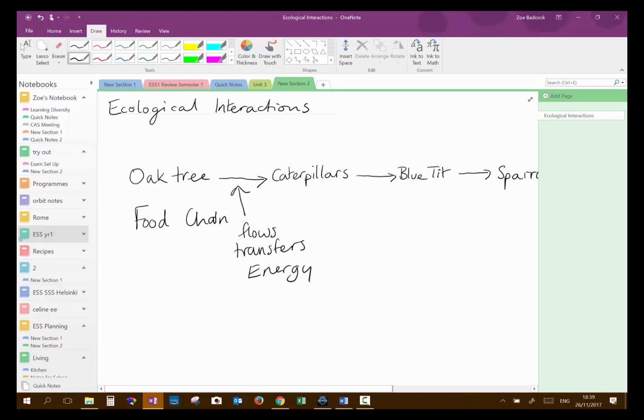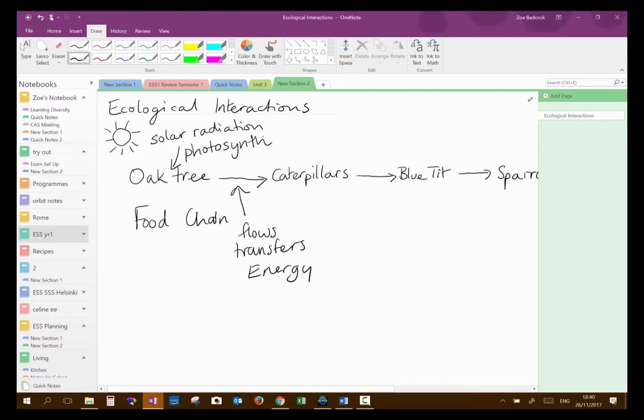Now where does that oak tree get its energy from? Well, we never put this in our food chain because that's not the convention, but the oak tree gets its energy from solar radiation, and that solar radiation is providing energy for the oak tree to photosynthesize.